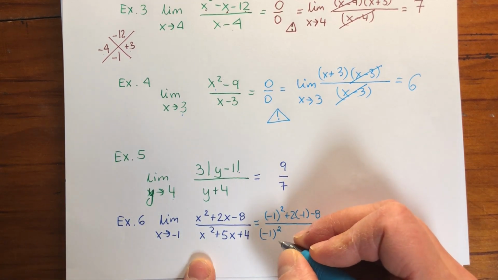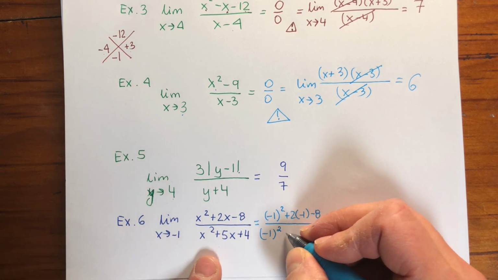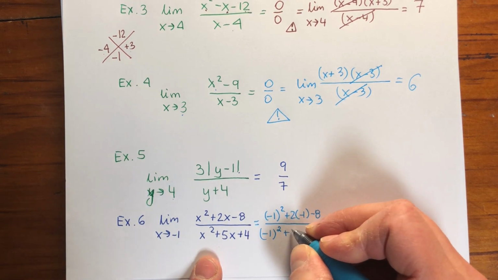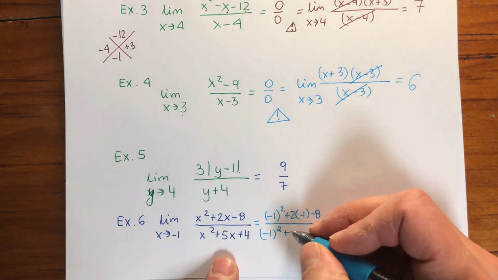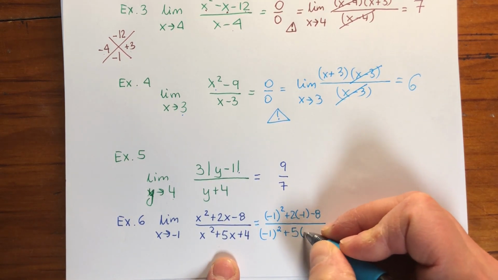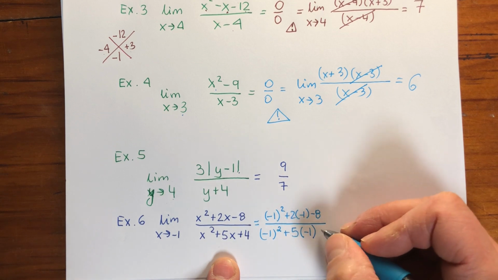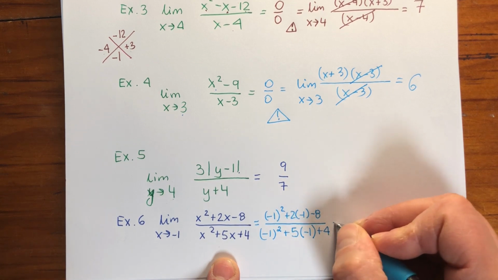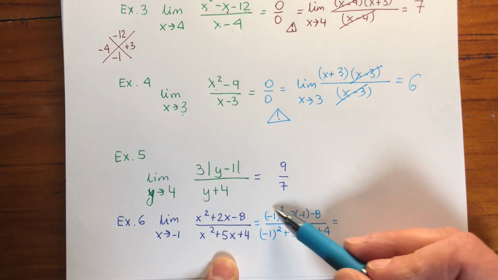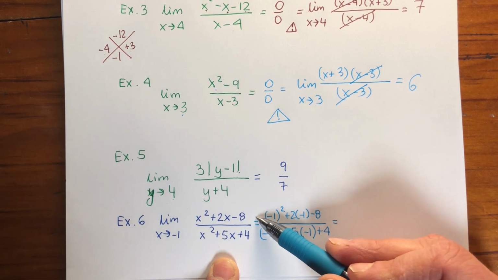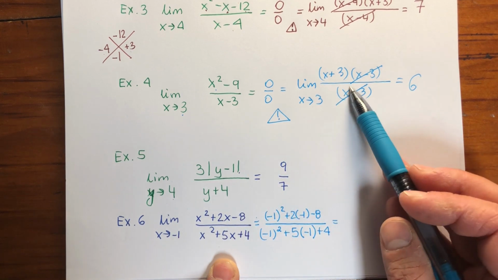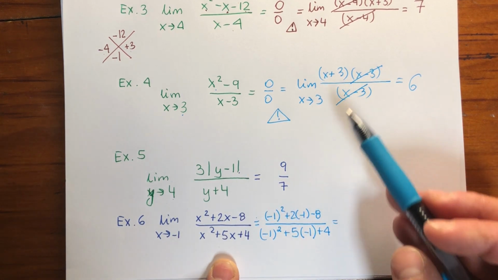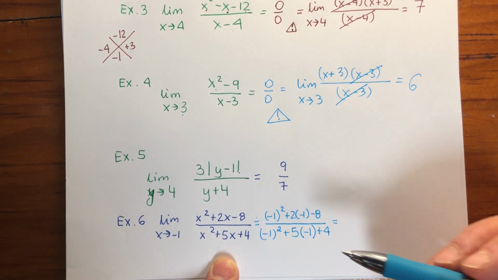Negative 1 squared plus 5 times negative 1 plus 4. Let's see what happens. Notice when I plug in the numbers, I do not write the limit. But if I am working with the function, whatever the function was, I have to write the limit.